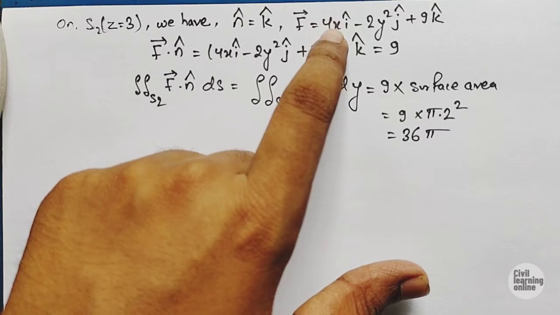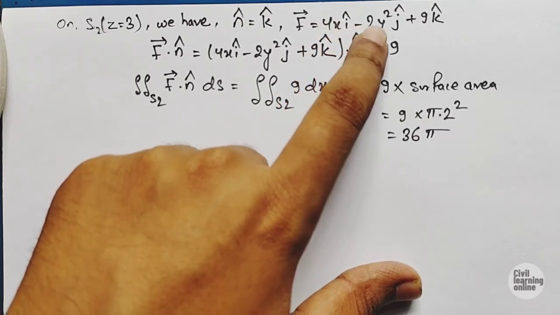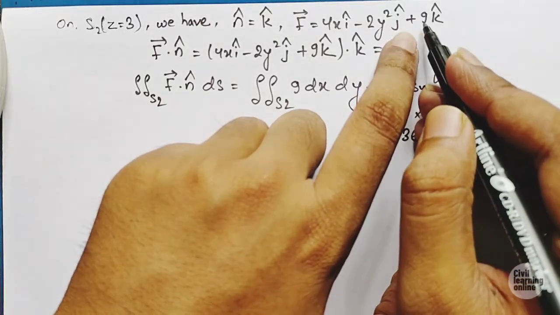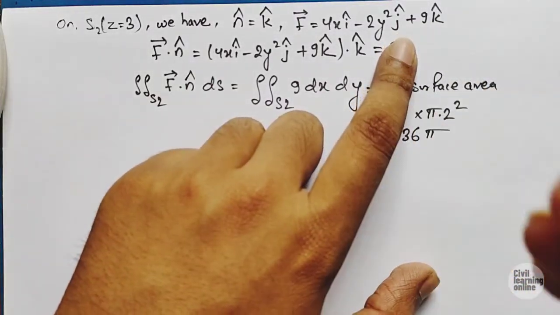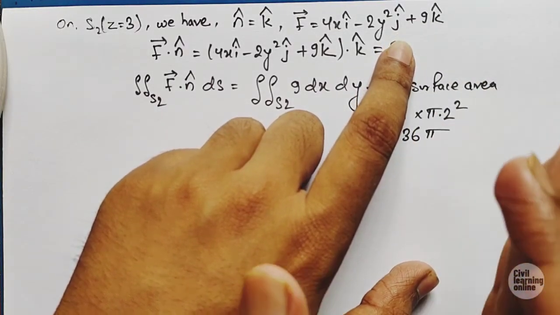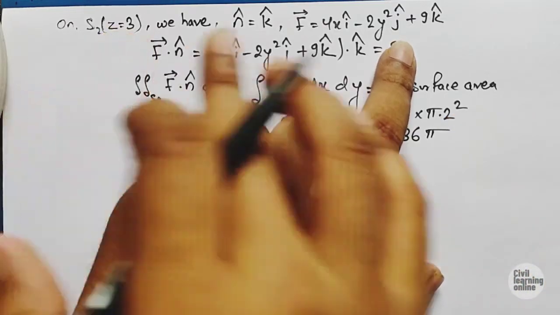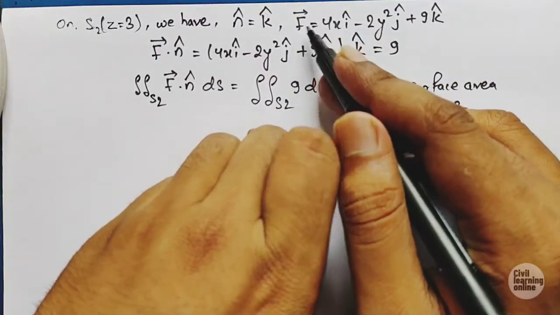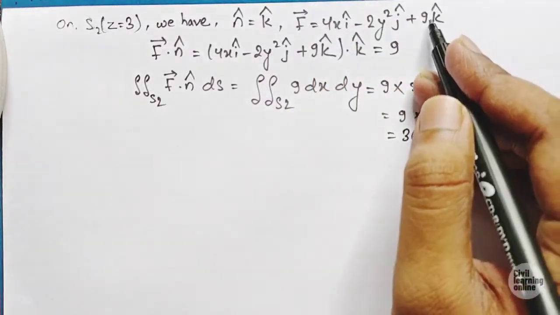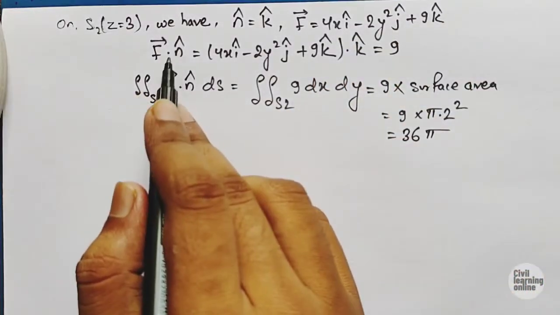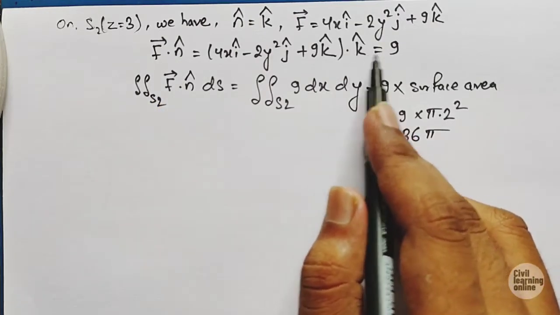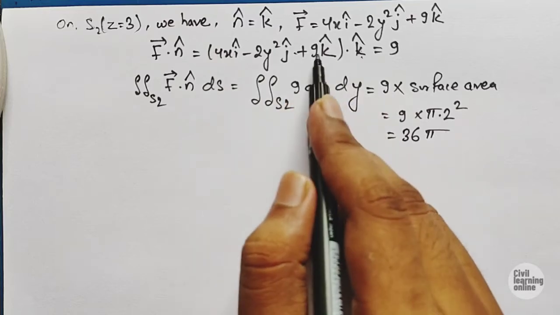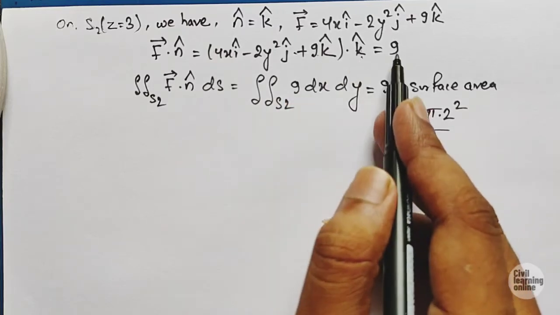And f is 4x times i cap minus 2y square times j cap plus 9k cap. Now we have the k term because z has some value; when z was 0, on the xy plane, it was omitted. Finding the product, k cap with i cap gives 0, and with j cap gives 0, and 9 multiplied by 1 gives 9.